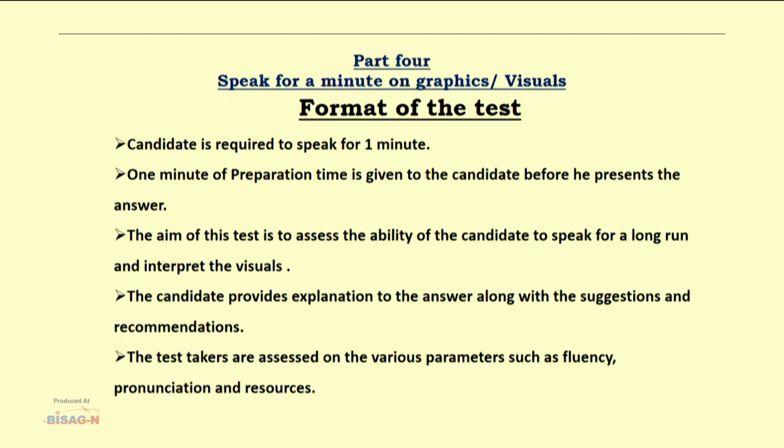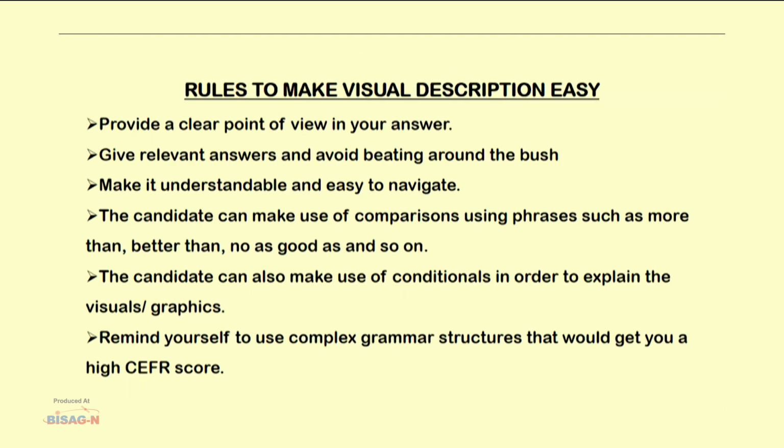Now let's look at some of the rules to make the visual description easy. This rules section will help the candidate provide a clear answer to the question. It will also help the candidate make sure that the answers are relevant.